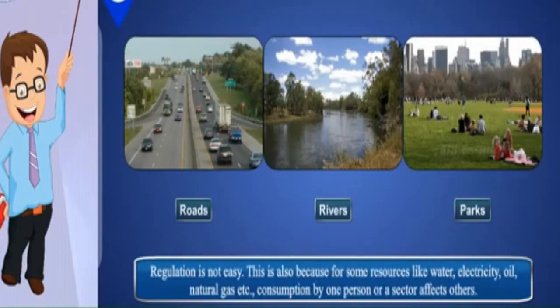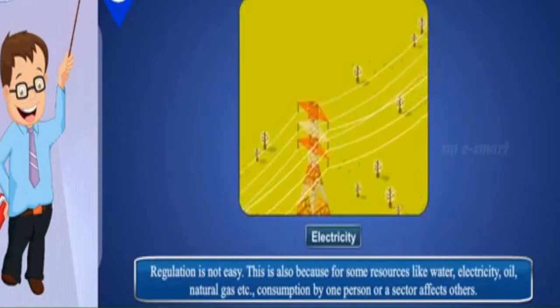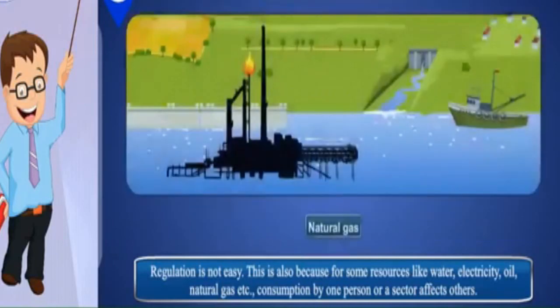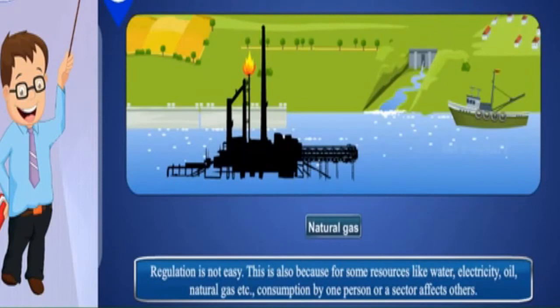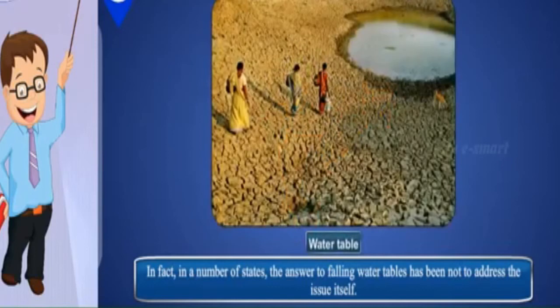This is also because for some resources like water, electricity, oil, natural gas, etc., consumption by one person or a sector affects others. In fact, in a number of states, the answer to falling water tables has been not to address the issue itself.